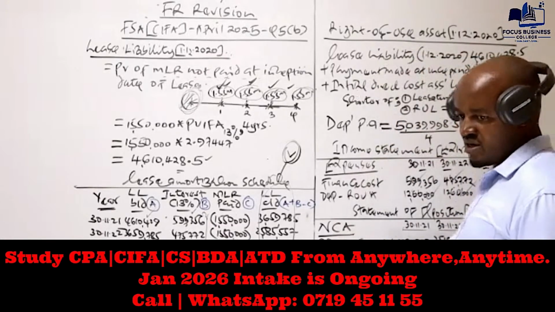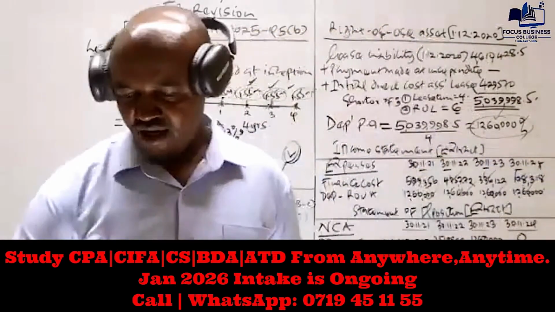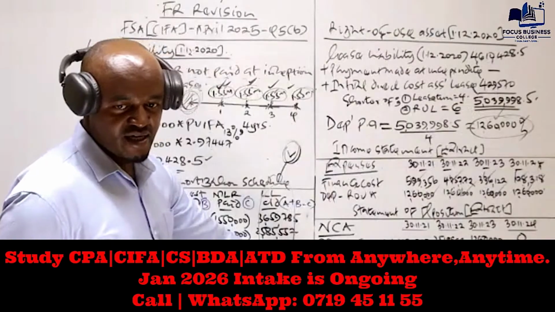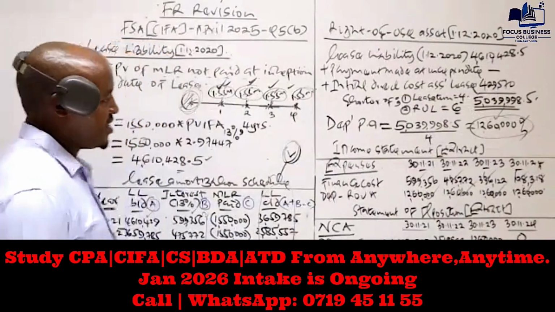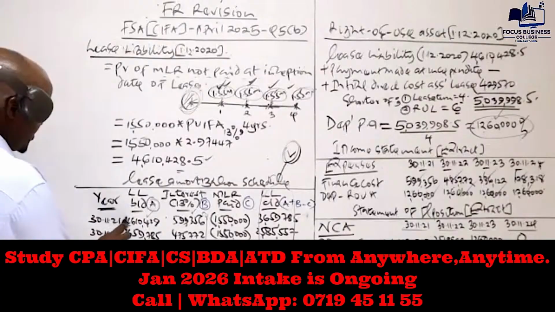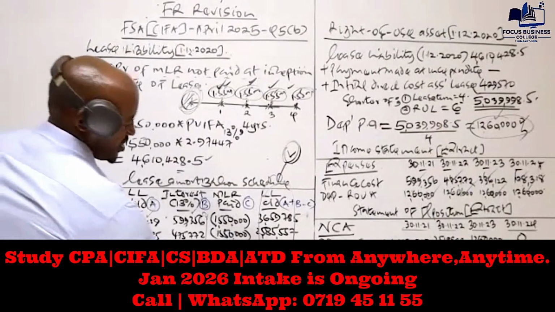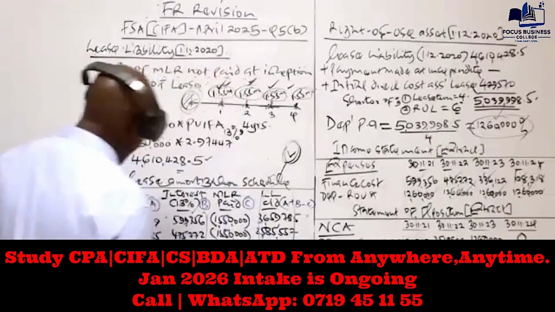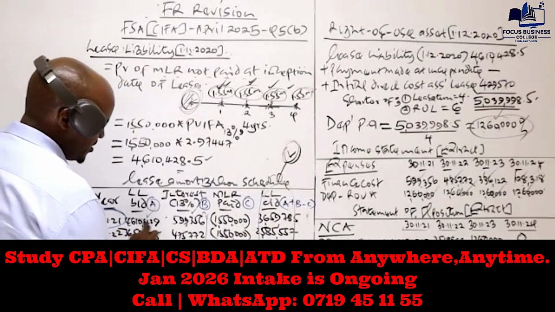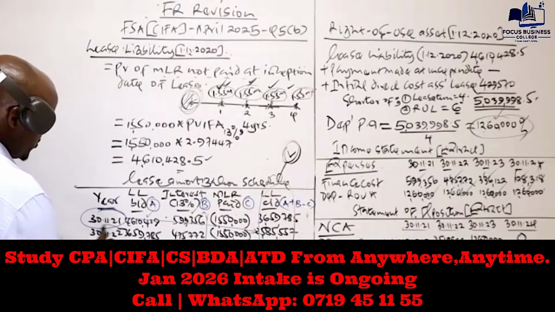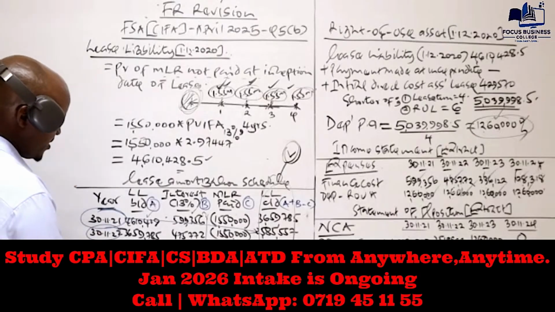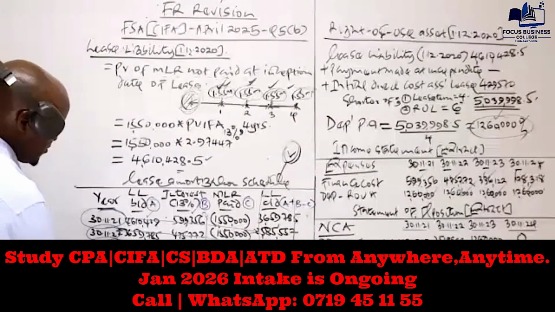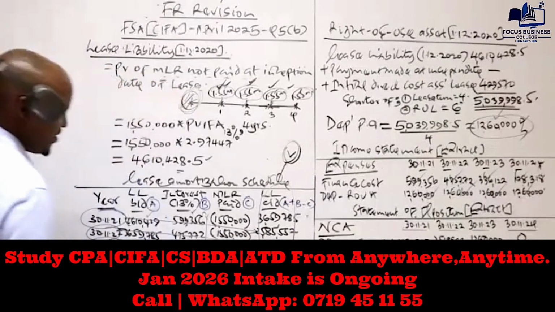Whatever is very simple is first of all to determine the amount to be recognized under the non-current liabilities. So we said the amount to be recognized as a non-current liability at the end of year 1, we take the lease liability at the end of year 2. In year 2, we take the lease liability at the end of year 3. At the end of year 3, we take the lease liability at the end of year 4.